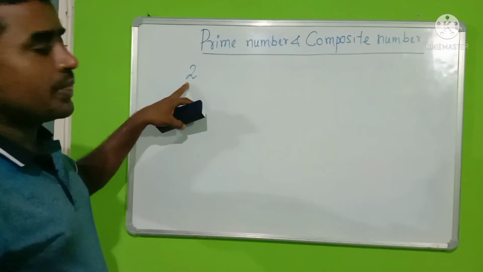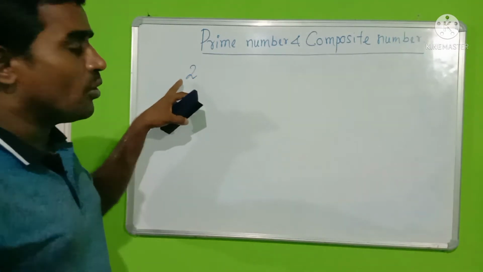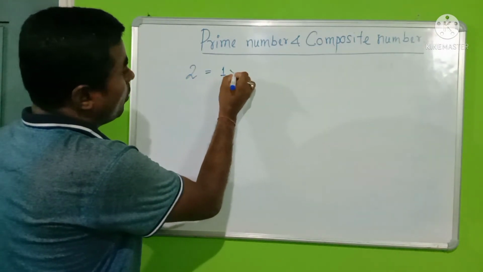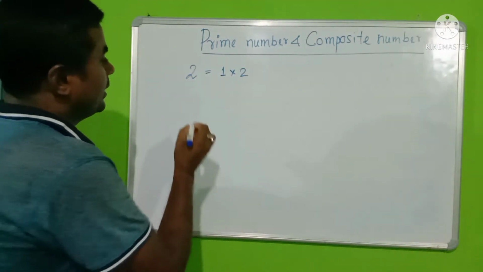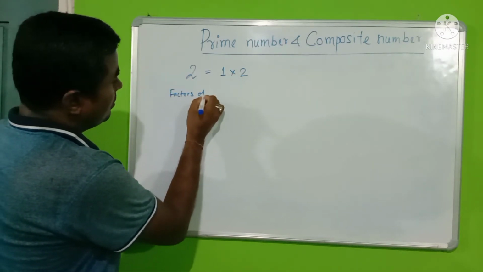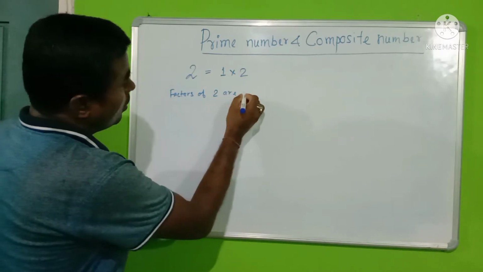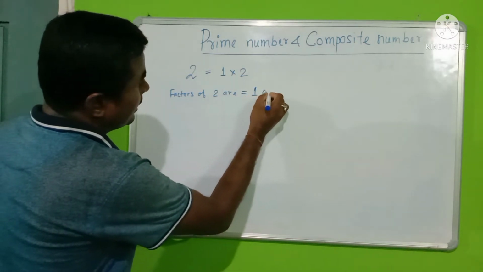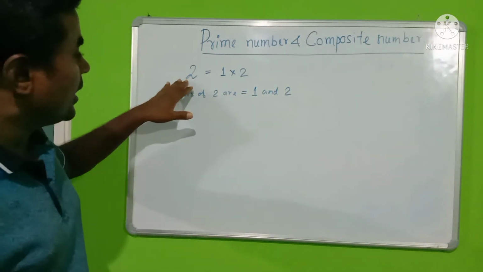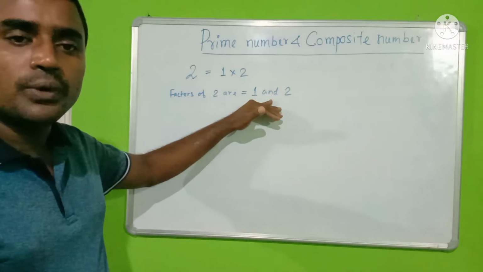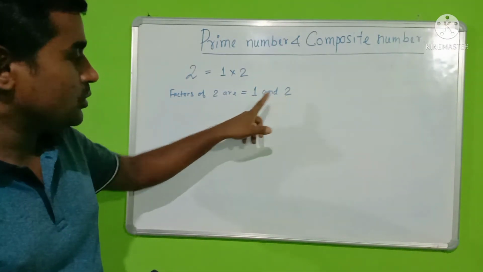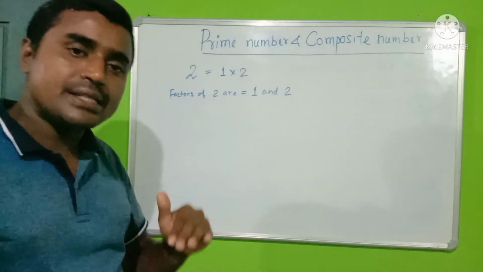Natural number 2. First I find all factors of 2. 2 can be written as 1 into 2. That means factors of 2 are 1 and 2. Now we observe, 2 has how many factors? 2 has two factors, 1 and 2, that means 1 and the number 2 itself.